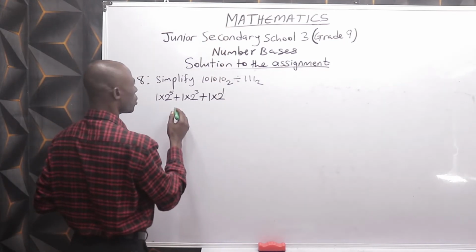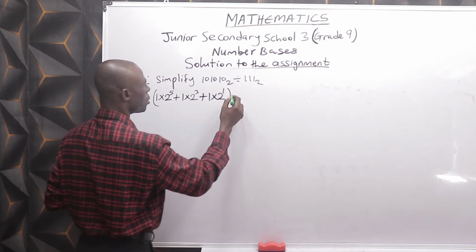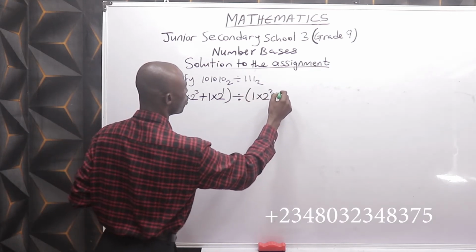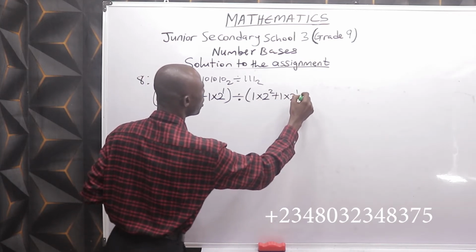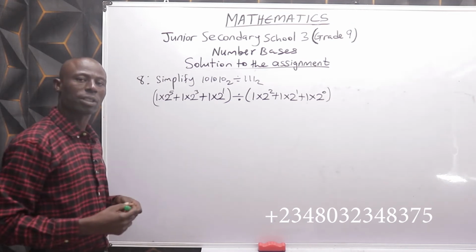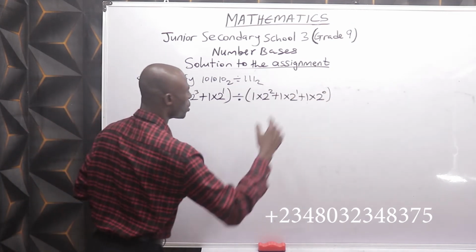So, divided by 1 times 2 raised to power 2 plus 1 times 2 raised to power 1 plus 1 times 2 raised to power 0. Do you understand? Conversion to base 10.